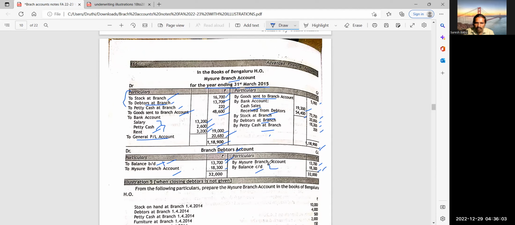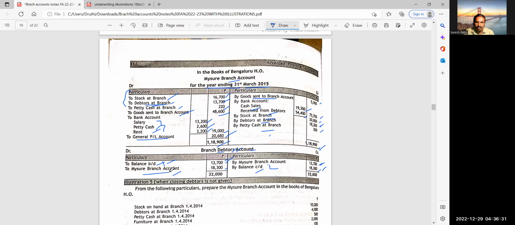Now, in the branch debtors account, it is to be closed. In the branch debtors account, it is debited. Correct? Now, in the branch debtors account, Mysore branch is to be credited with 13,700. In the branch account, closing debtors amount 18,300 is credited.